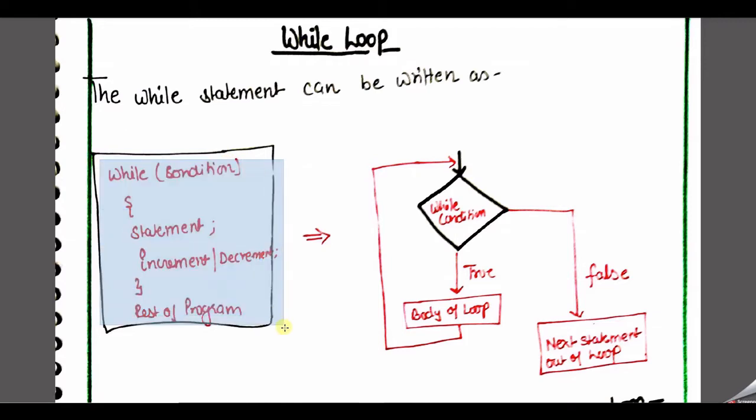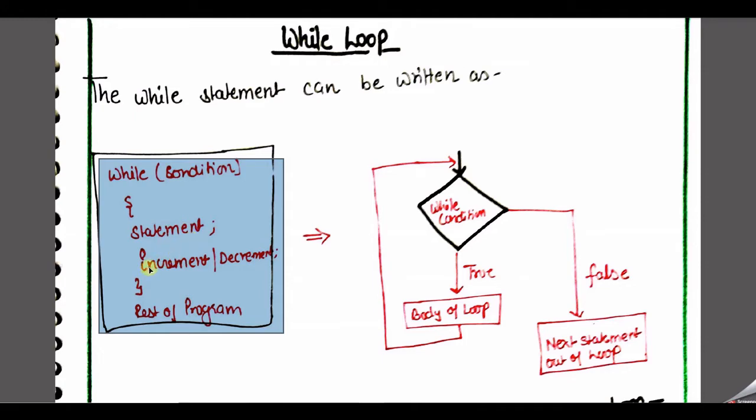Whenever we write our program code with the help of the while loop, we have to mention it in this format only: while, then our condition, then the scope area, and then the statements which we want to execute.